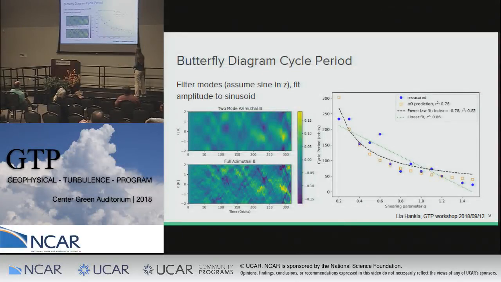That's what I did up here. The blue points are what I have measured, and the orange squares are the prediction for the alpha omega dynamo, which isn't actually terrible, but if I do an actual power law fit, then I find an index of negative 0.75, so not quite fully inversely proportional.